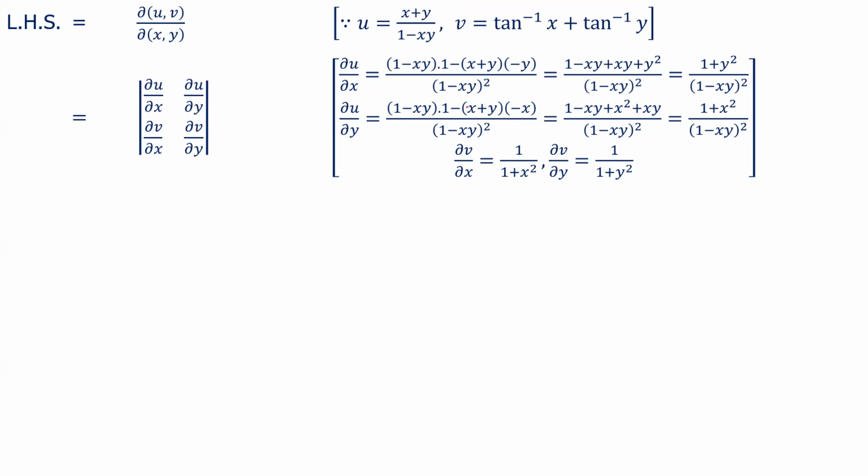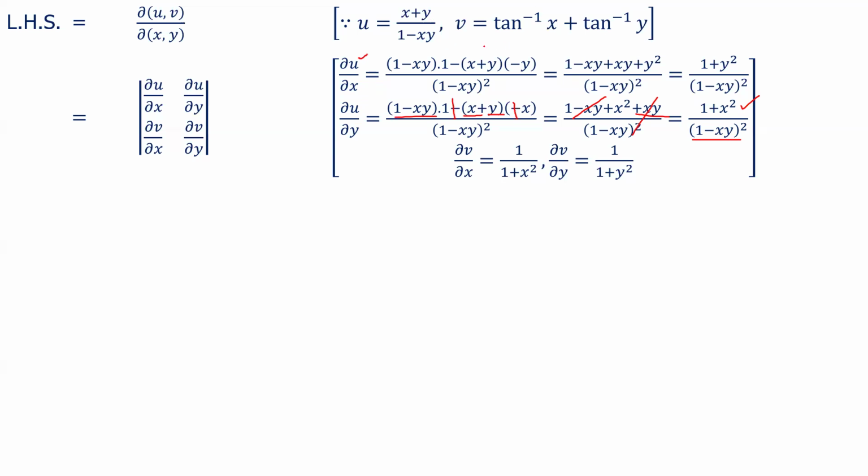If we again simplify it, minus minus will become plus x square plus xy, and minus xy plus xy will cancel. We have (1 plus x square) upon (1 minus xy) whole square. So these are the partial derivatives of u with respect to x and y.